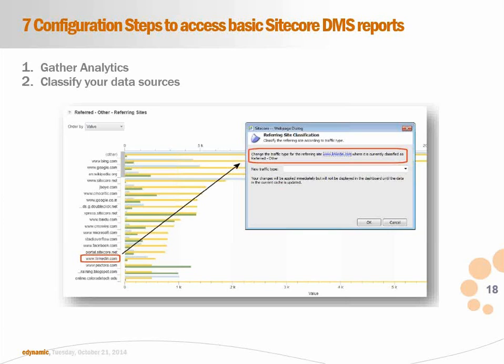Now you have to classify your data sources as well. It's not like Google Analytics, where your data is classified automatically. The way you classify your data sources, as you can see in this picture on the slide, is with URLs.